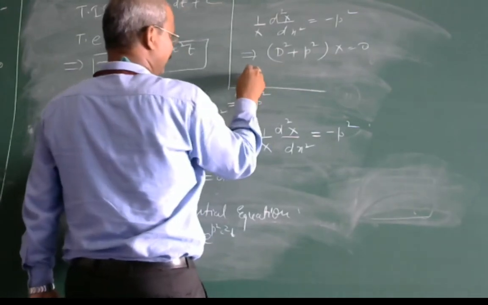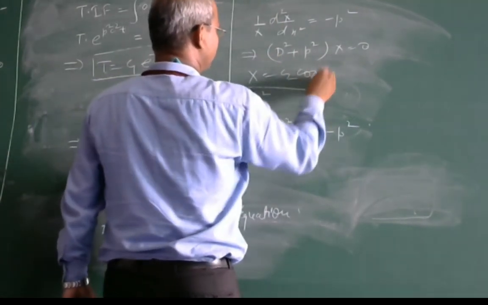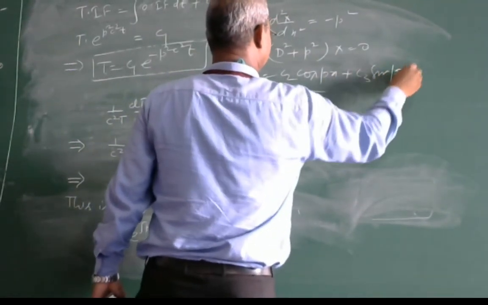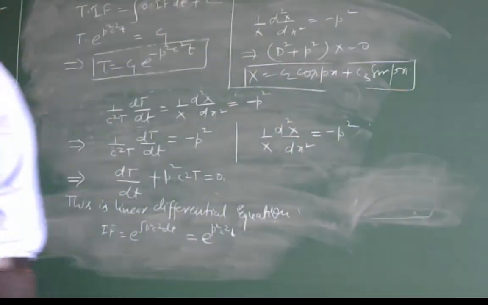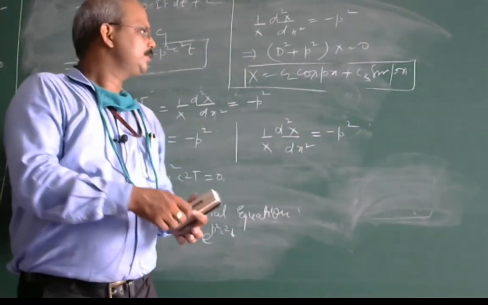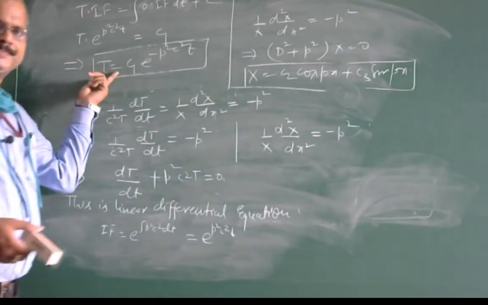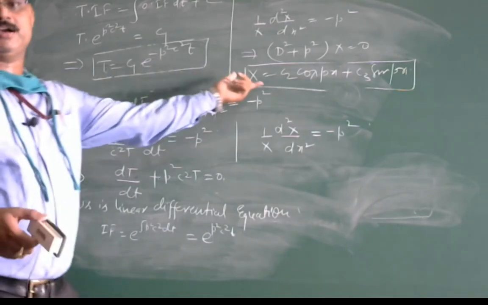So X equal to c2 cos px plus c3 sin px. We can write this. Okay, students? So this is the value of X, and this is the value of T.